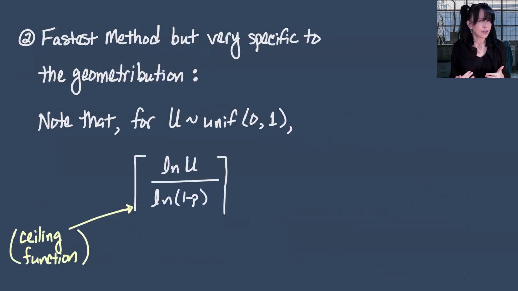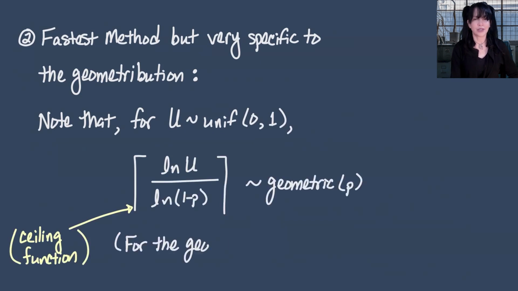So what the ceiling function does is take whatever value this produces and round up to the smallest integer above that number. So if you get 5.3, you want to round up to 6. I claim that this has this geometric distribution starting from 1 that we just talked about.